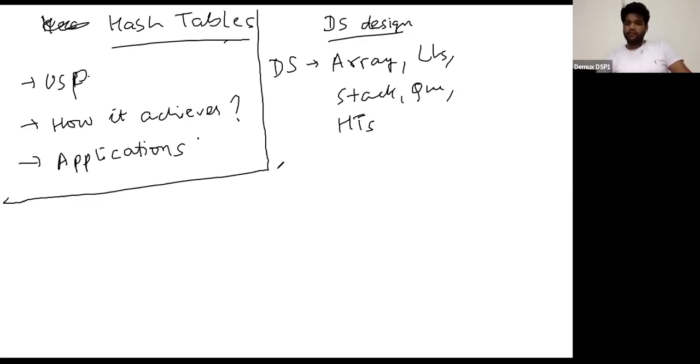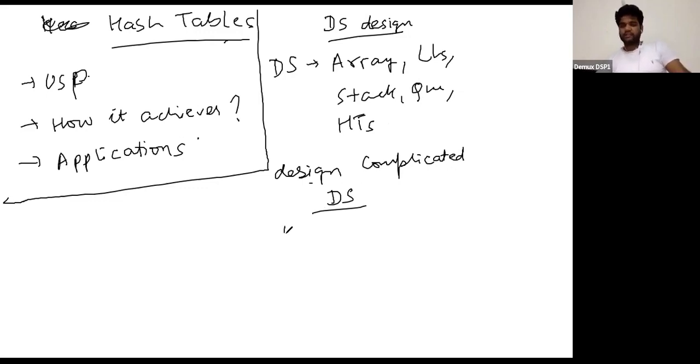Not yet, right? You don't know trees now. Let's not go there. In data structure design, we will take up problems wherein we have to design some complicated data structures. We have to design these complicated data structures using these primitive data structures as building blocks.